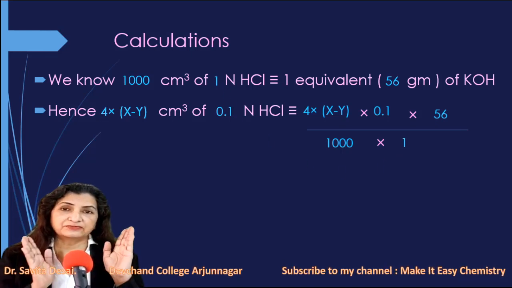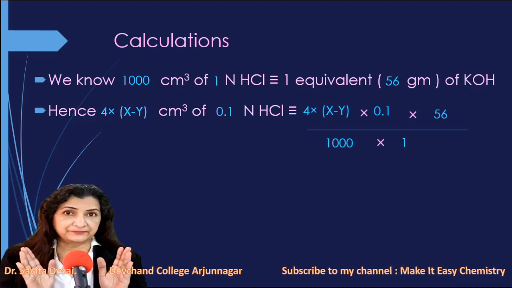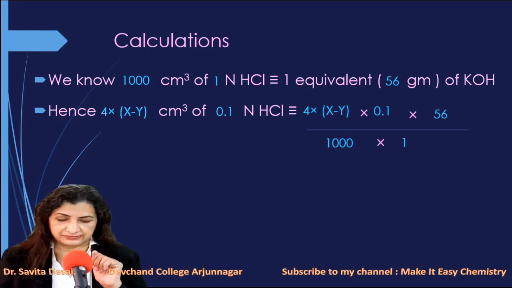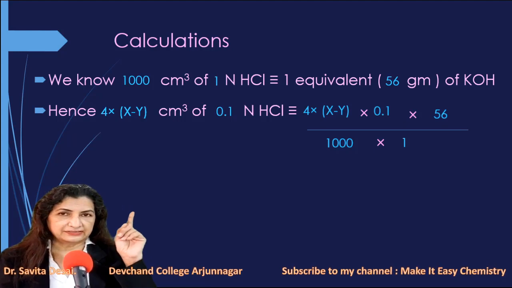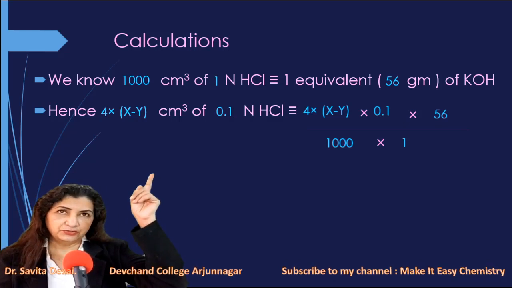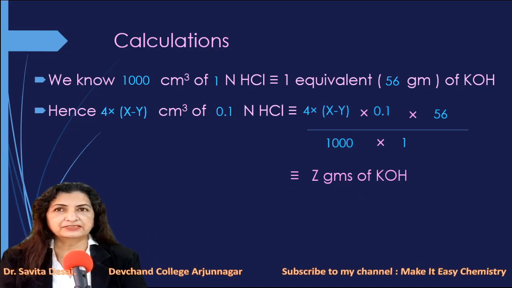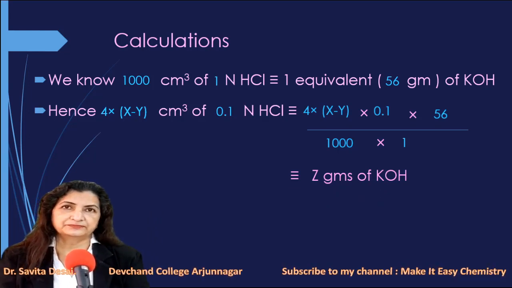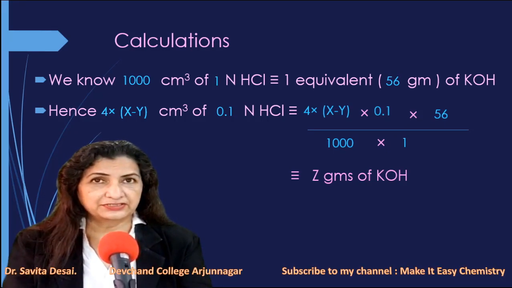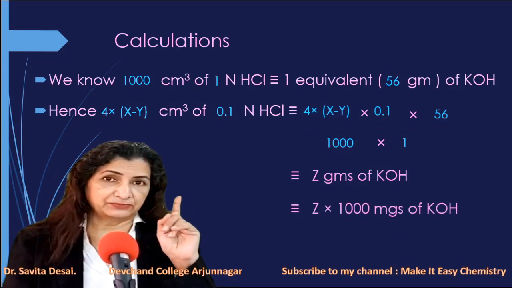If you know this method of cross calculation, you don't have to remember so many formulae. Many a time this type of calculation is involved in our syllabus. So if you understand this perfectly, 4 into X minus Y into 0.1 into 56 divided by 1000 into 1 is nothing but Z grams of KOH, or automatically Z into 1000 milligrams of KOH.